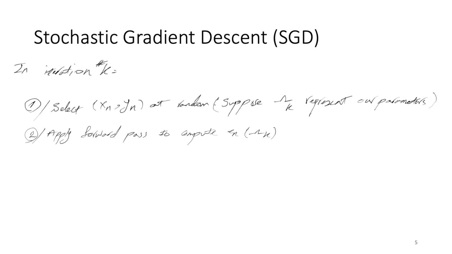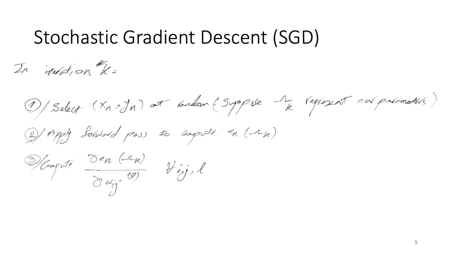Then you're going to apply the forward pass to compute the loss function. And then SGD, using the derivatives and Taylor series and all those things that we already discussed, we can compute this for every i and j of L, right?